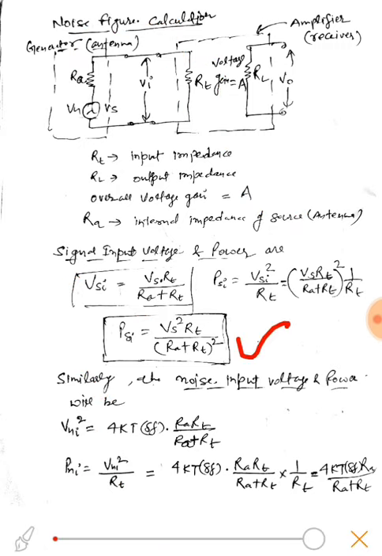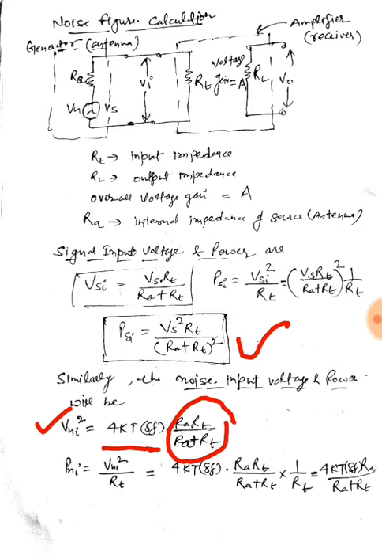Similarly, we can calculate the noise input voltage. As we already know, the noise input voltage would be under root 4 kT del F into R. So we need to calculate VNI square, which comes out to be 4 kT del F into the equivalent input resistance.